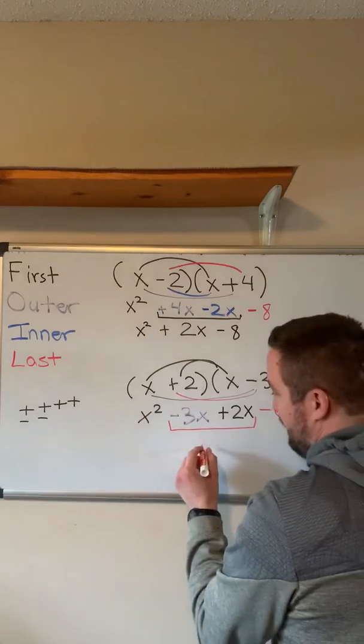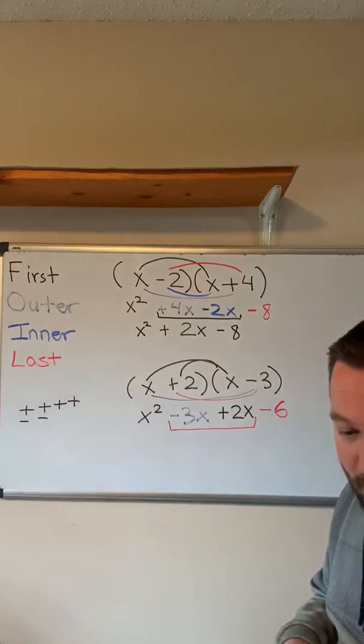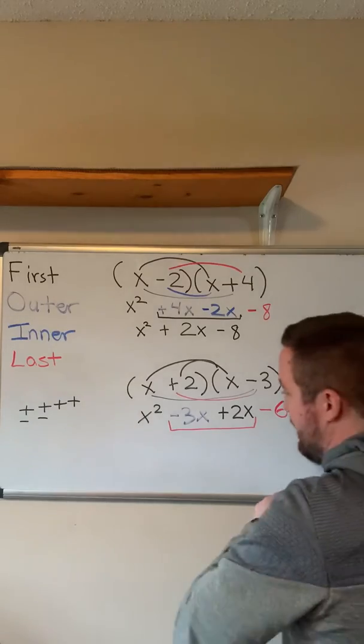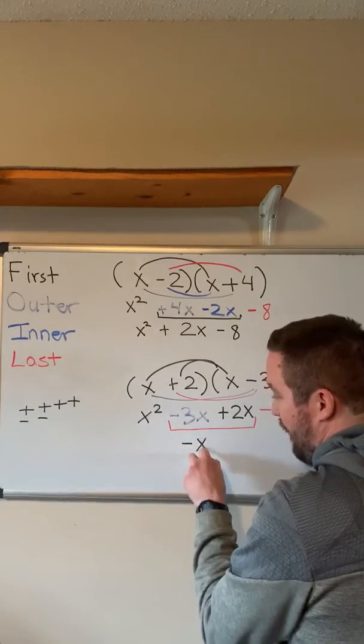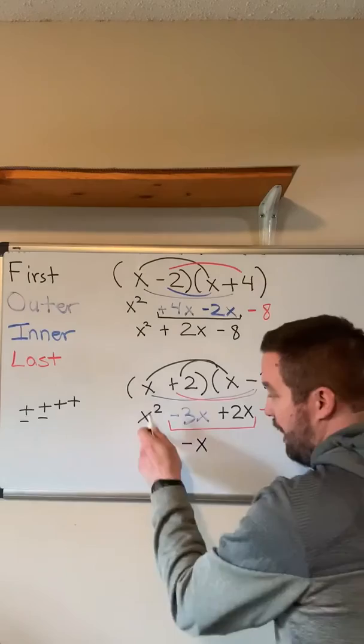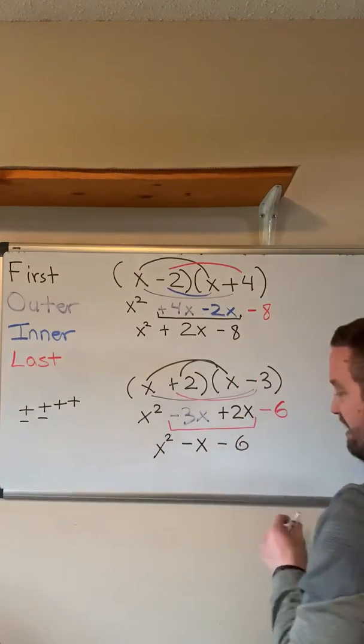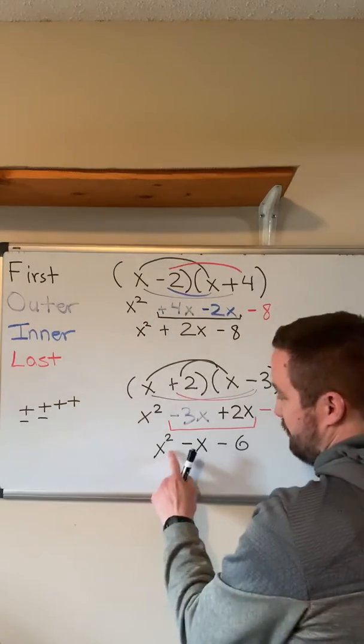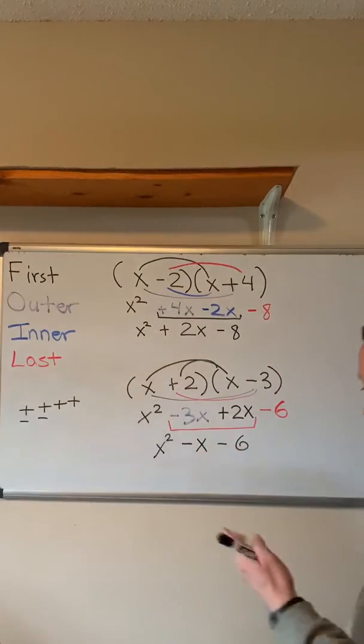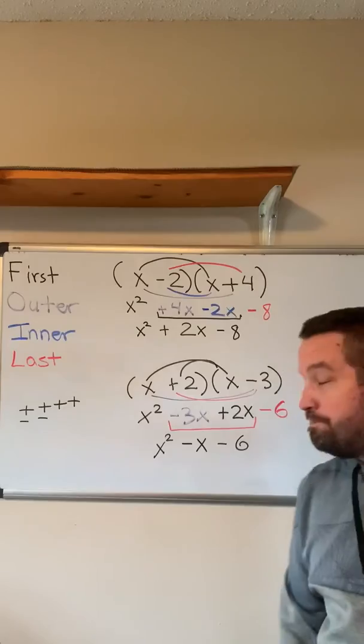A negative 3x plus 2x is going to give me a negative 1x, or I can also just call that a negative x. I bring down my x squared, and I bring down my negative 6. I've got x squared, x to the first, x to the 0 if you will, and I'm all set.